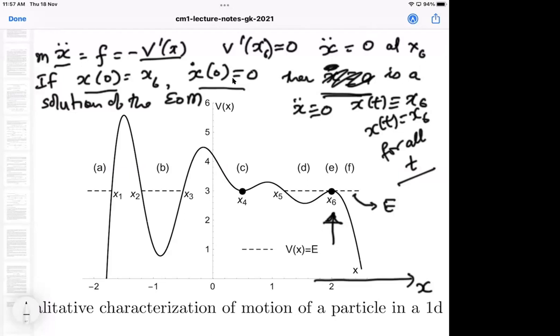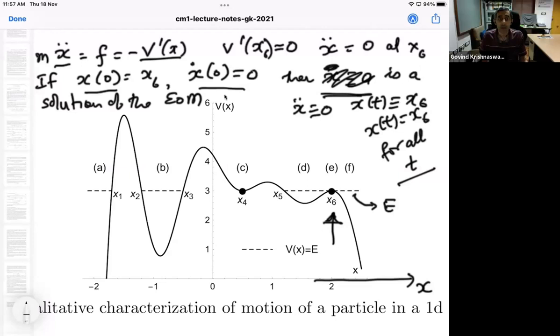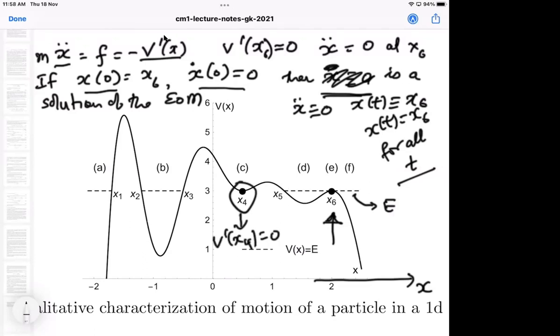Any question about that? Why this point is a static solution? The same applies to x4, which is a local minimum of the potential. Here too, V prime of x4 is 0.